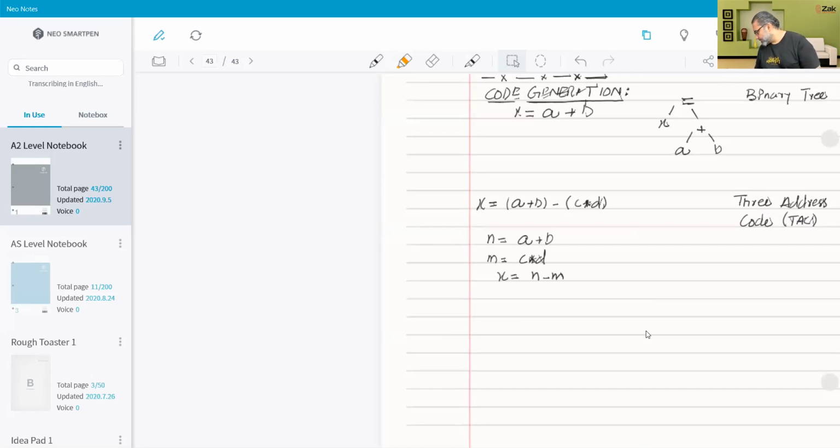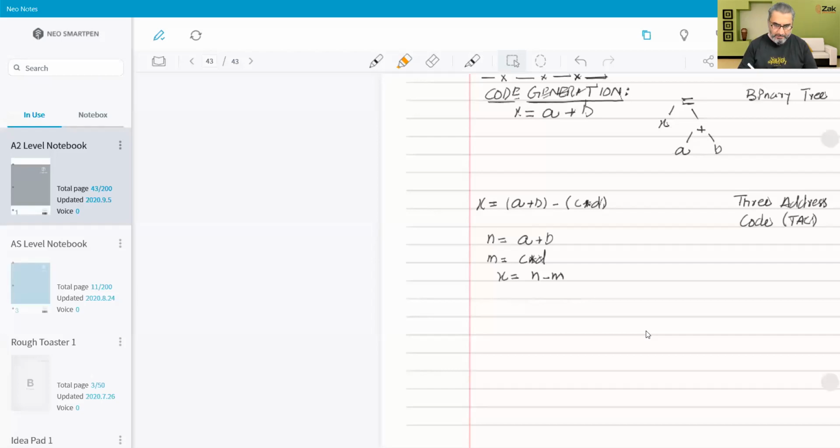Hold on for a moment. So after code generation, code optimization happens.